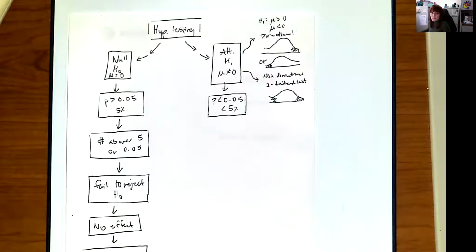Just happened, right? Our effects, there isn't one because it's just chance. But whenever it's in one little itty bitty corner or one itty bitty little tail, or both of the little itty bitty tails, we're saying that it's more than by chance, that there is an effect. We're not just picking straws and picking an effect, right? It's more than by chance. We have an actual finding.